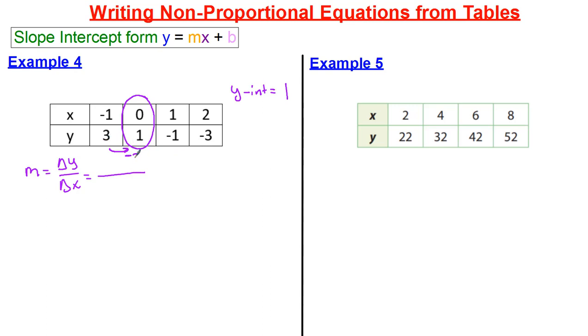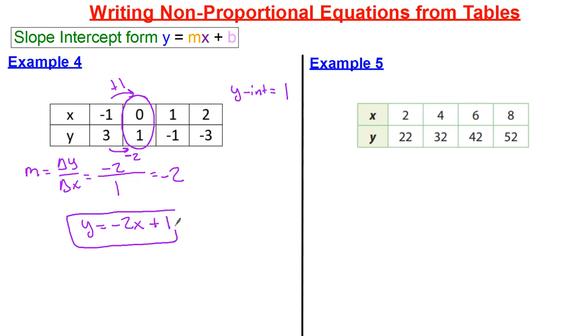So this one is different. This one is minus 2. So we actually have a negative for the first time. And then this goes from negative 1 to 0. So I'm going to be adding 1. So this is just 1. So my slope is going to be equal to negative 2. Good news, I already have my y-intercept, so I can just plug it in. Y equals negative 2x plus 1.